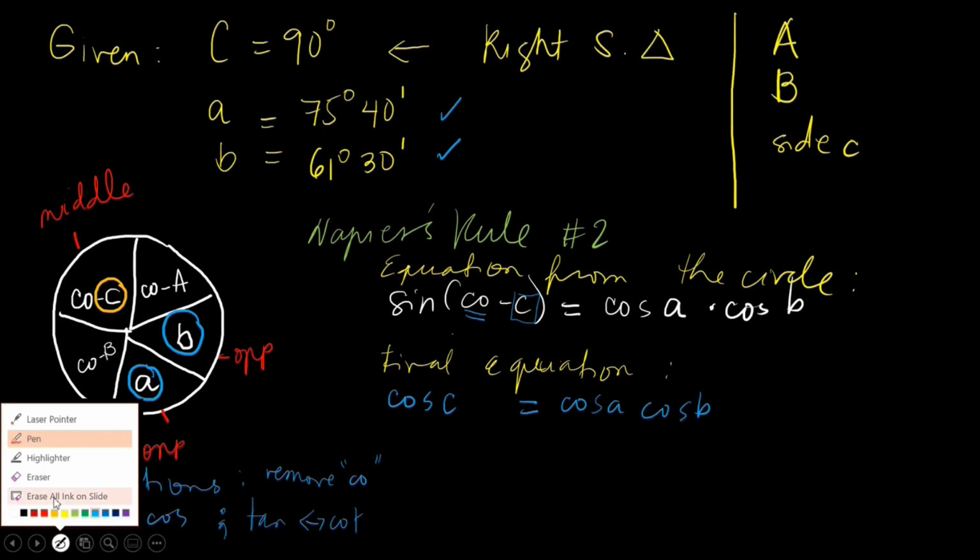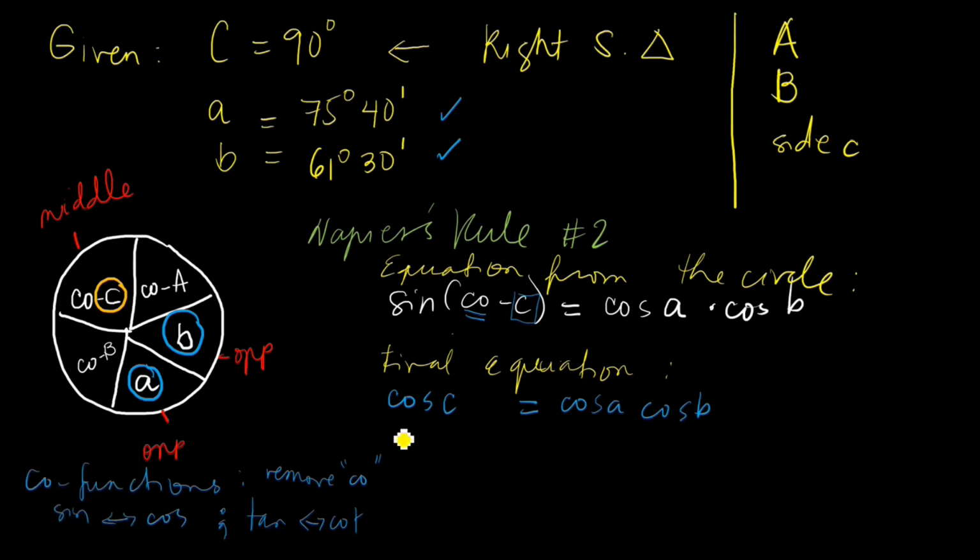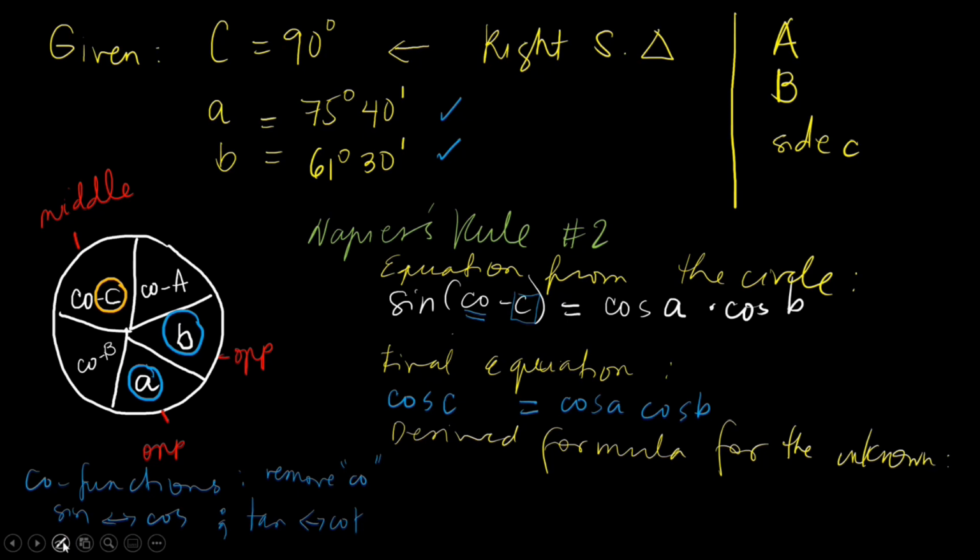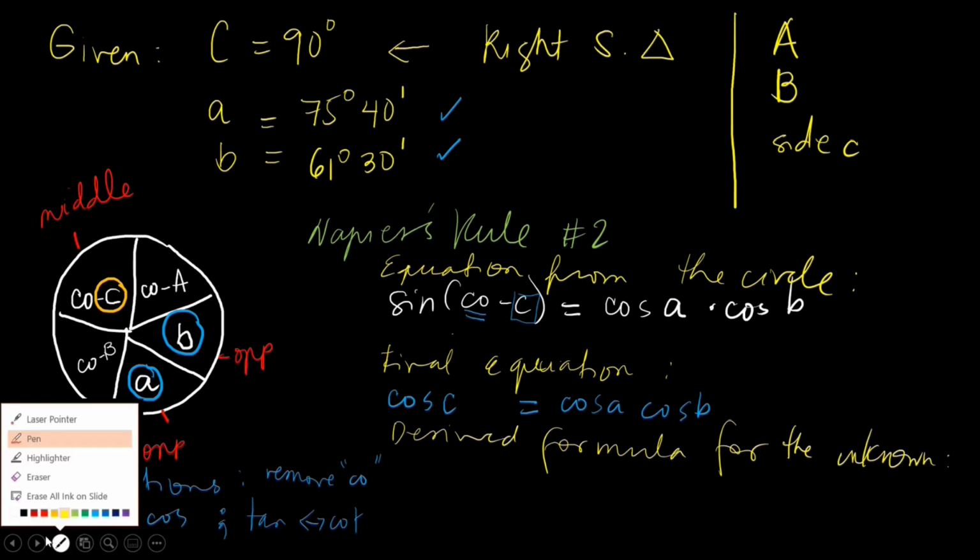Next, let us derive the formula for the unknown. What we are doing right now is somehow the same as our last topic. This is actually derivation, so we're not yet in the substitution.